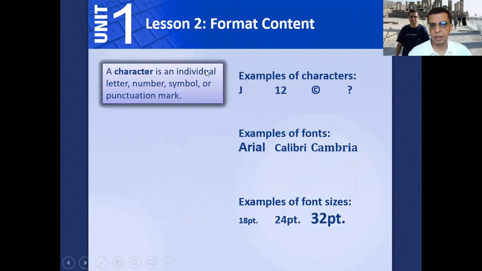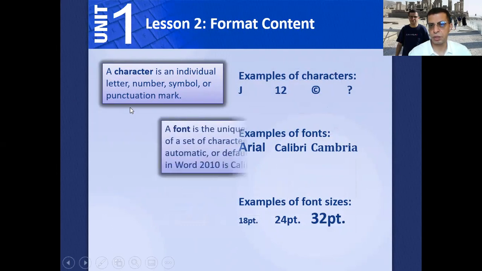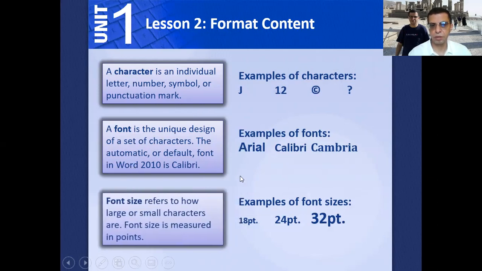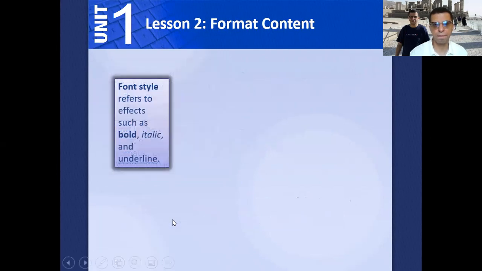So a character is an individual letter, number, symbol, or punctuation. A font is the unique design of a set of characters, like the default font in Word, Calibri. And font size refers to how large or small characters are. Font size is measured in points.